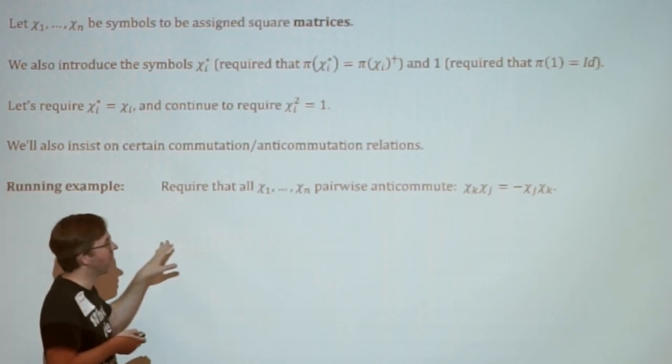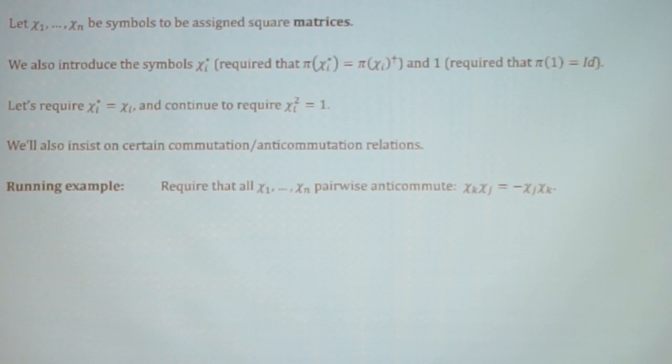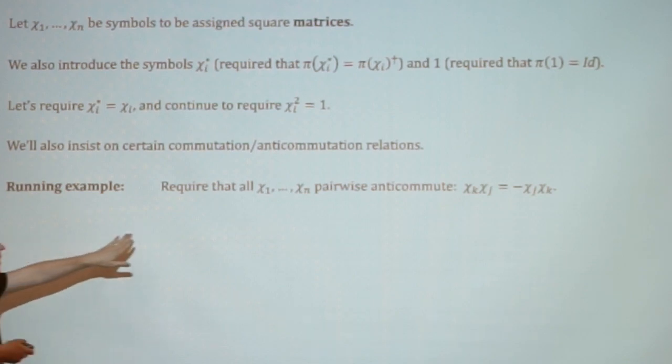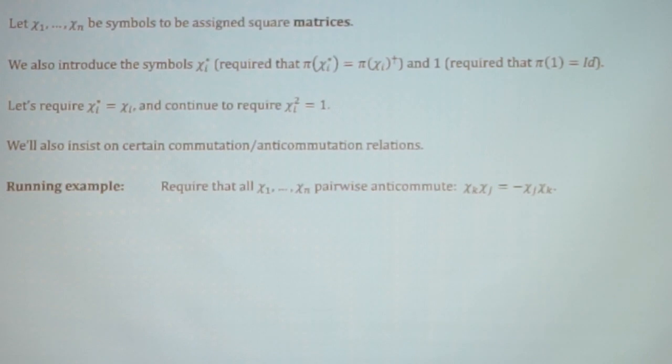I'm not supposed to talk about my own work, but I think it's a helpful setting. Imagine another feature of the optimization problem: I insist that you assign to these symbols matrices that pairwise anti-commute. And there do exist a bunch of matrices that all pairwise anti-commute, so this is not a vacuous or impossible task.